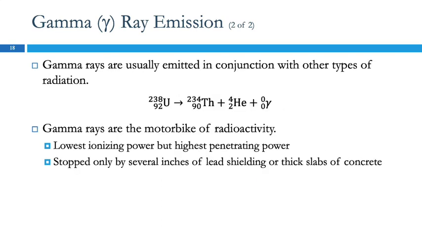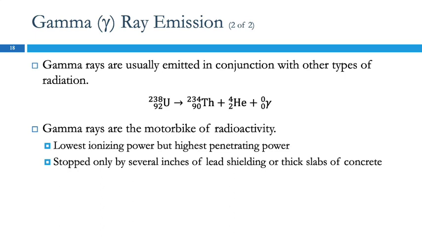So here's an example. What kind of particle is this guy right here? Alpha particle. So this is alpha decay of uranium-238. It emits an alpha particle and a gamma ray. And you're not required to memorize these things, right? We'll give you the information you would need to write an equation, say.